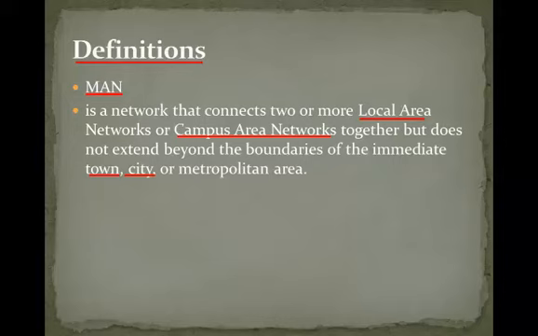Now, who forms this metropolitan area network, such a huge network? This could be a company with several branches. Assume a company has maybe several campuses, and they are well spread across the city, and that will necessitate them to form what you call a metropolitan area network, because they need to communicate, they need to work together.